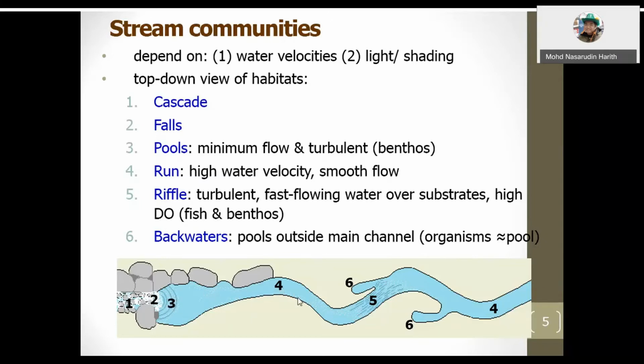Number 4 is run. It's a very high velocity area with a smooth flow. Number 5 is riffle. It's very turbulent, very fast flowing water over substrate and also has high DO. Usually this area is inhabited by fish and benthos. There is also number 6, called backwaters. It's a pool outside the main channels.